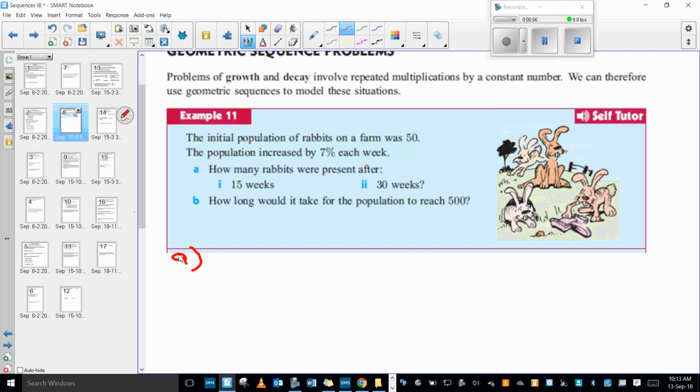What would we do to it? Find the decimal multiplier. What would the decimal multiplier be for increasing something by 7%? 1.07. Yes, we happy? So we would multiply something by 1.07 to increase it.